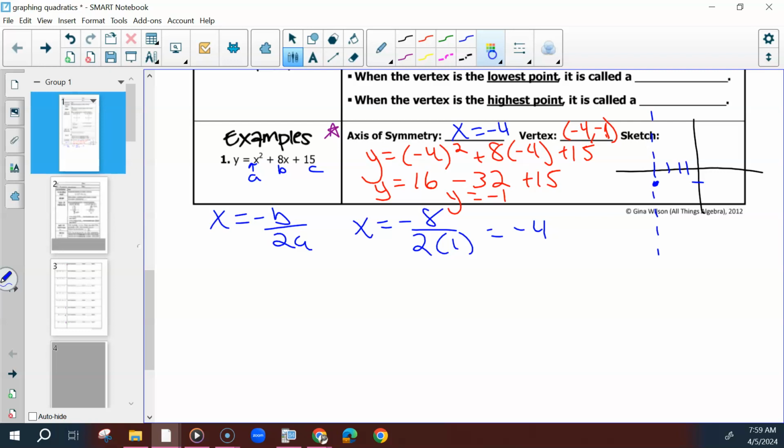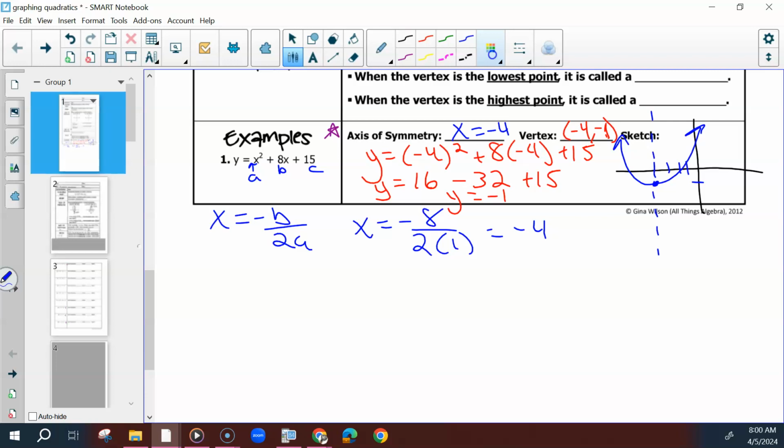Looking at our a value, it's positive. Would this face up or down? Up. So then from here, you're just going to draw a U shape, facing up. It doesn't have to be perfect, just try to make it symmetrical. So that is a positive graph, yep. Positive parabola or positive quadratic, yes.